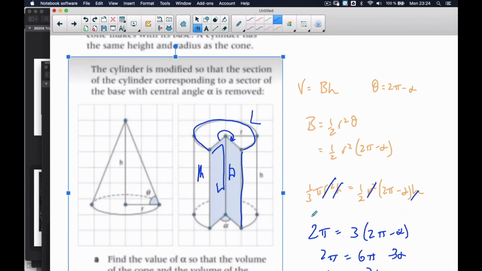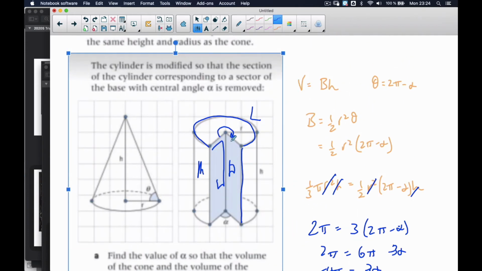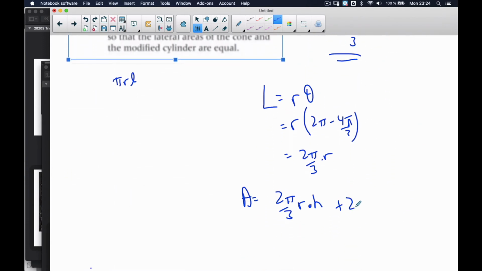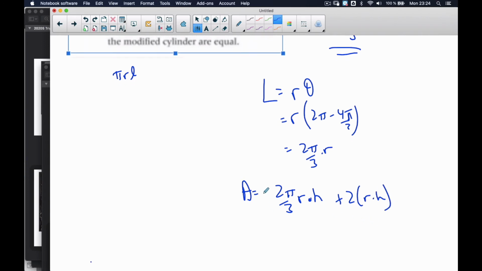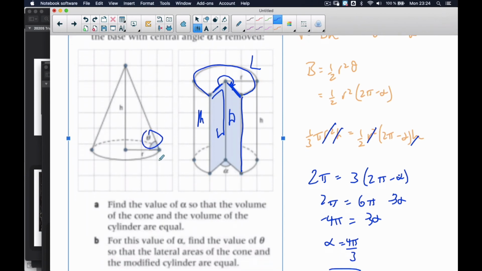That's the length of this. Now, the area is going to be 2 pi over 3 r times h to get the rectangle. But then I'm going to add this and this, so there's going to be two little rectangles there, 2 r times h. And so this area has to be the same as this area, and I'm trying to find theta, which is here.